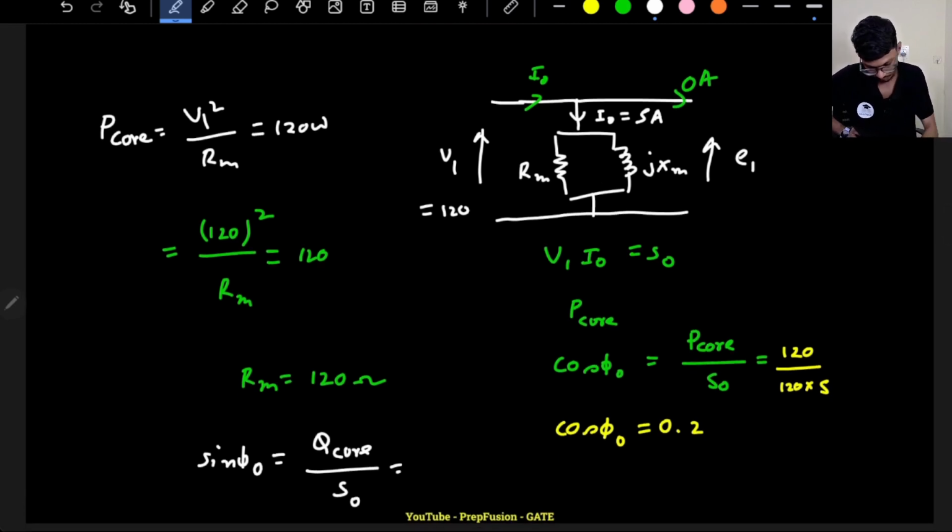From here I can easily find out my phi O. So this will be 0.2, cos inverse, so 78.46 degrees.